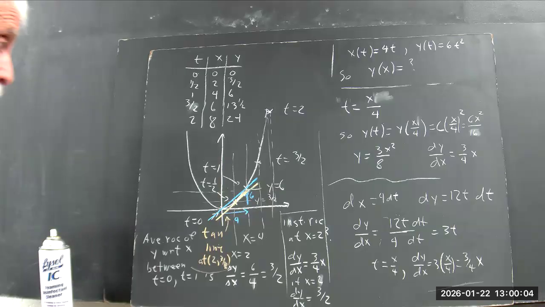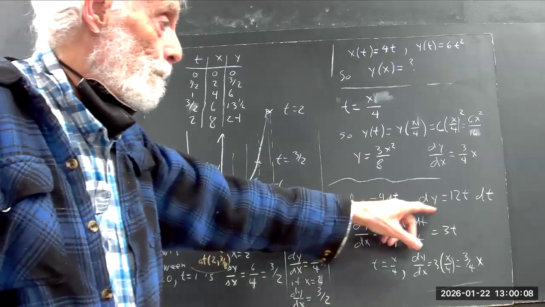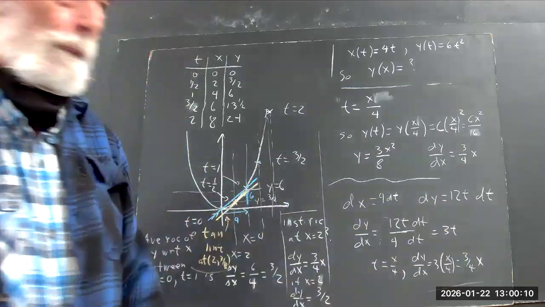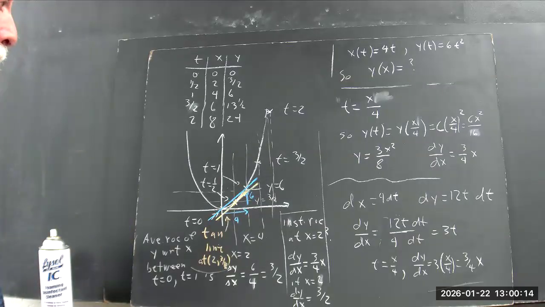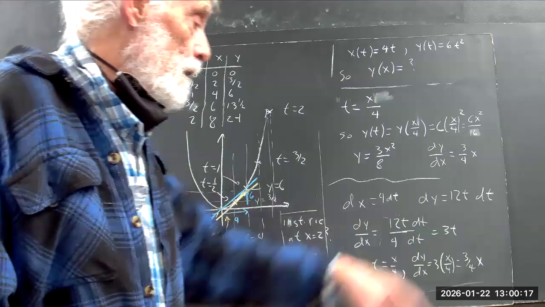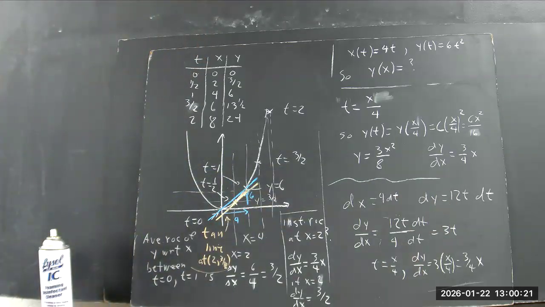Well, there's another thing we can say, that dy is 12t dt. Okay? If t equals 2, then dy equals 24.